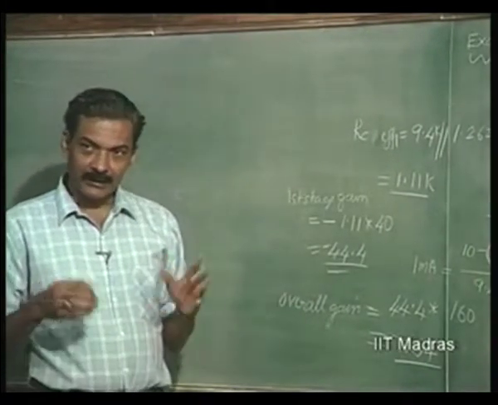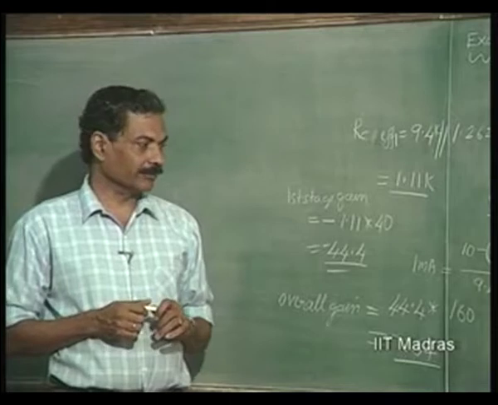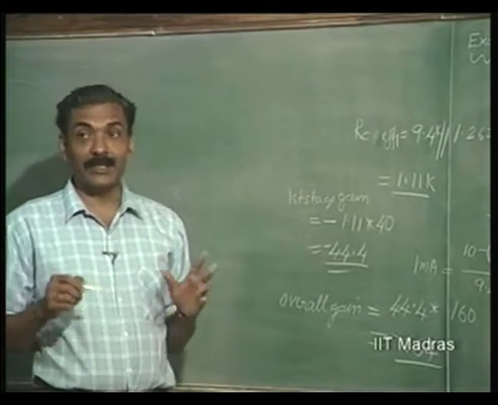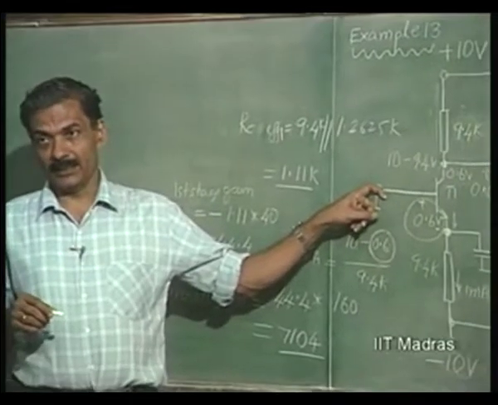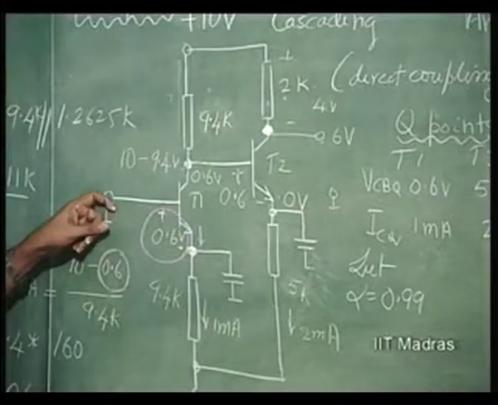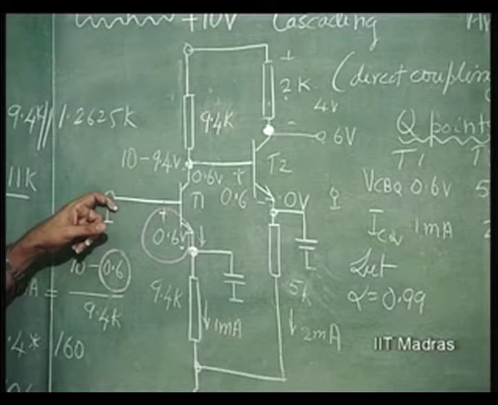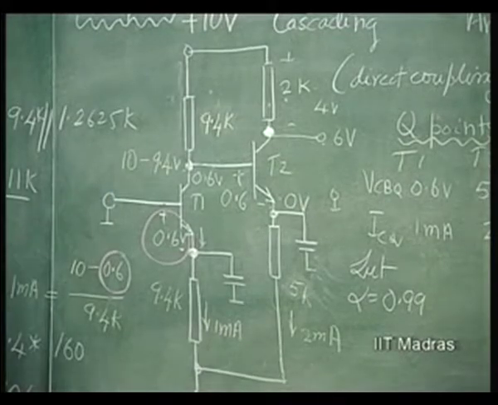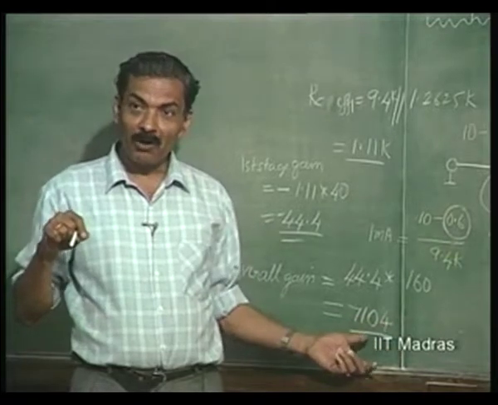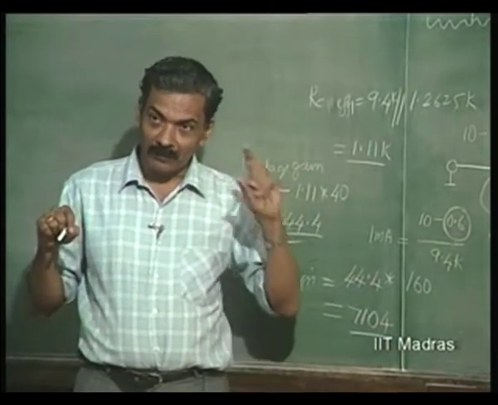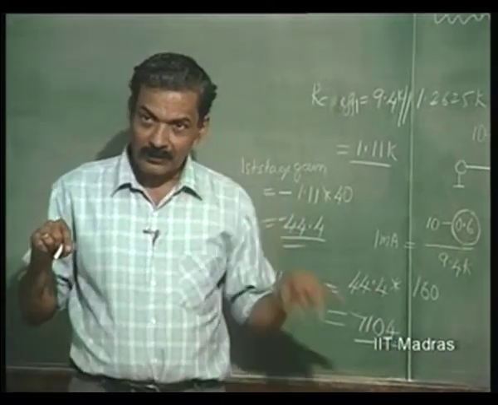Now, let us see the implication of this. Gain is very high. That means, even if I apply a very small signal like 1 millivolt at the input, with a gain of 7104, the output will be a 7.1 volt swing for a 1 millivolt swing at the input.